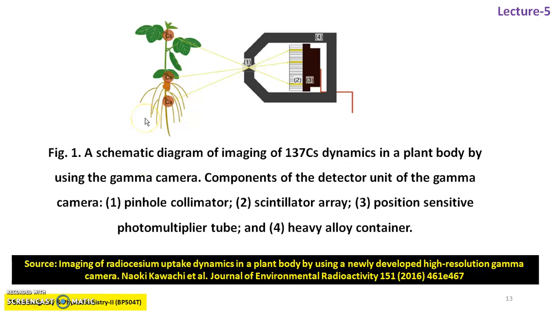What happens exactly here is that cesium, when used as a radioactive isotope, emits alpha, beta or gamma type of radiation when it undergoes various reaction processes. Once it is attached to the roots, it goes into the leaves or stem and then the aerial parts. At every time, the radiations coming out of this cesium radioactive labeled compound are absorbed by the detectors, and thereby it can be easily scanned and studied for the pathways.